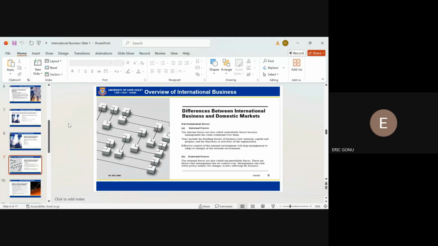Unilever will have control over the raw material, their sources, how much they have to invest in it, and the people that they need to engage to work with. These are within their control. They have command over them. Then, if you look at Ghana's economy, Unilever is in Ghana, but are our economic indicators in the hands of Unilever management?